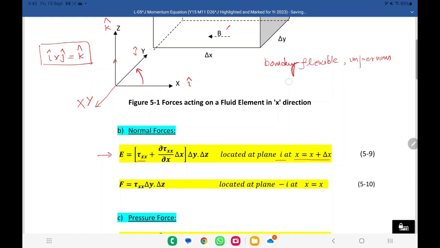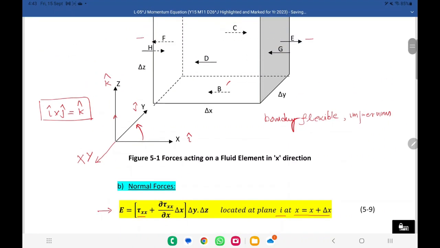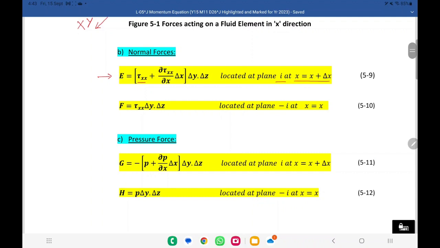So this is the direction of E, and the corresponding one is F direction. Again here tau xx on the left plane is working. Tau xx means a stress which is normal to the plane, in the x direction. So again it is minus i at location x.